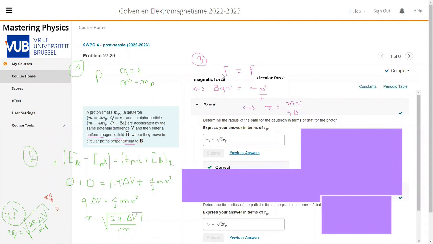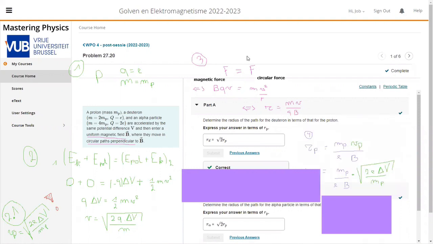Then I put this like this. That's the fourth step, based on this one, which is also the general formula for my radius. The fourth step is basically for the proton.